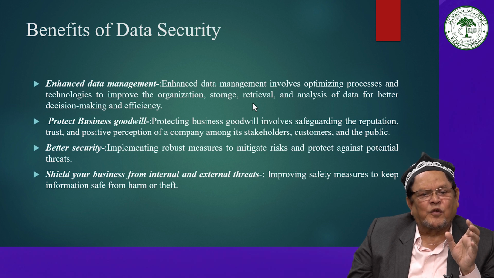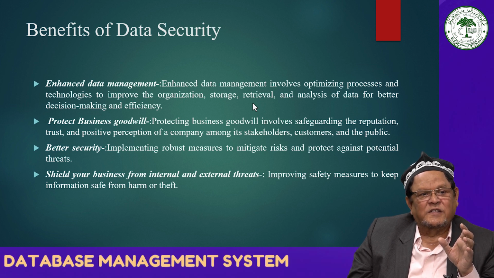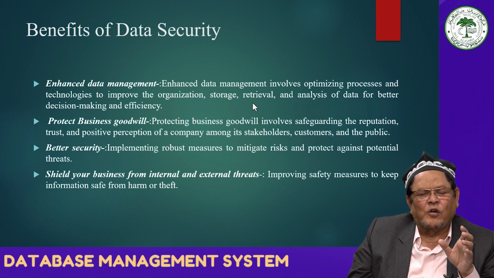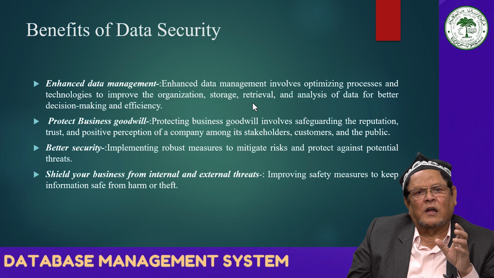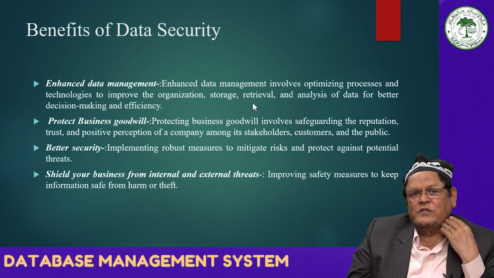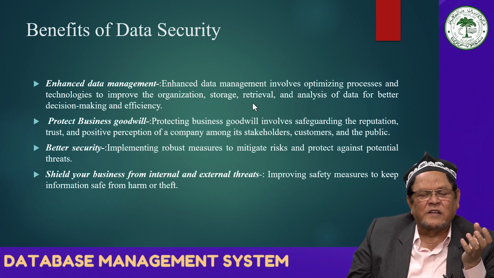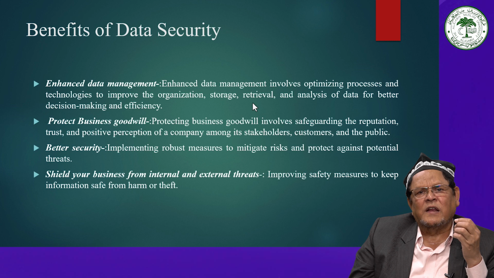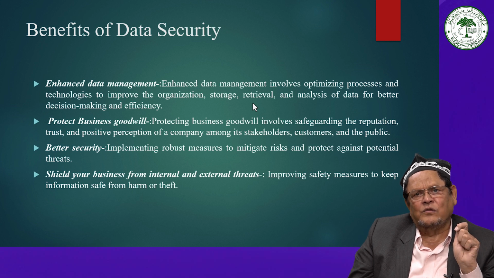Shield your business from internal and external threats. This is the last benefit. It means improving safety measures to keep information safe from harm and theft. An unauthorized person cannot steal the data from your system. Naturally, suppose you have prepared a home. If you want no one to access it, you lock your home.